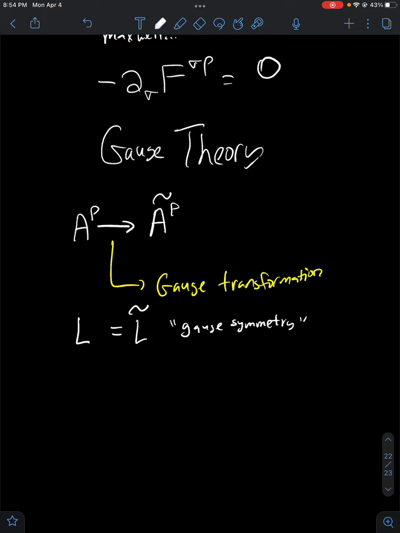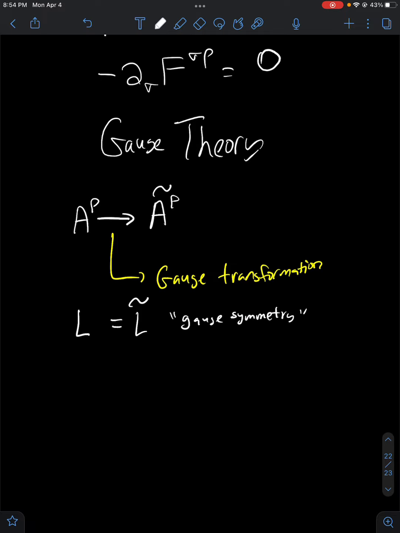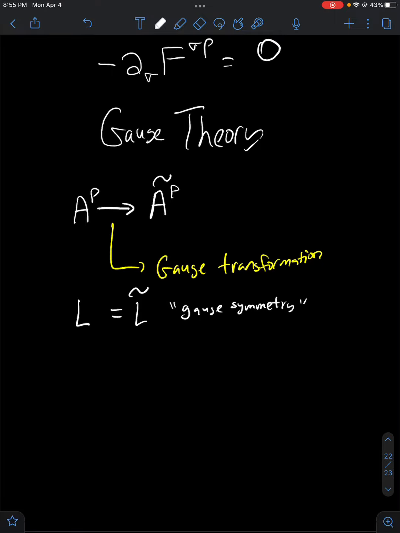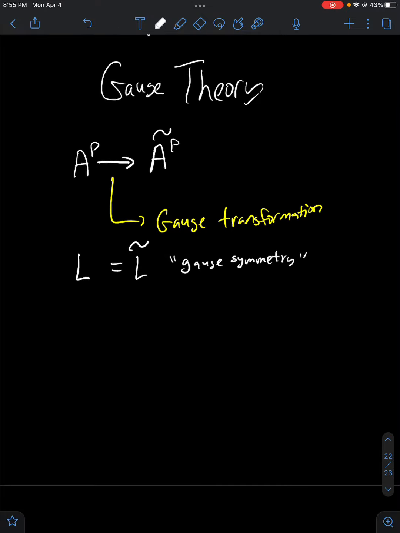So, what gauge transformation leaves our Lagrangian unchanged? Well, let's actually write down our Lagrangian for reference. It's L equals minus 1/2 F_mu_nu F^mu_nu.